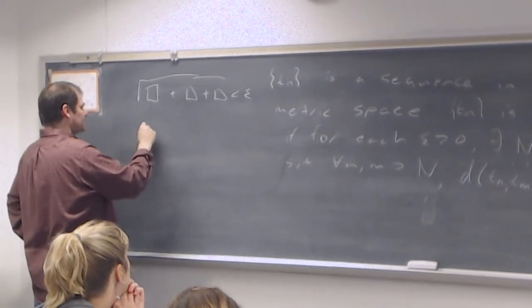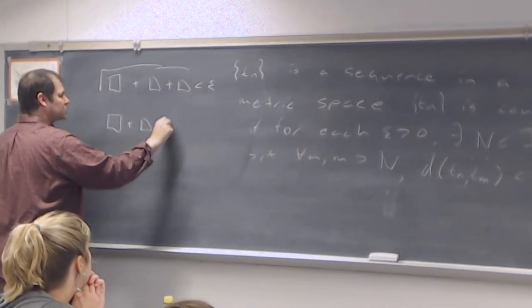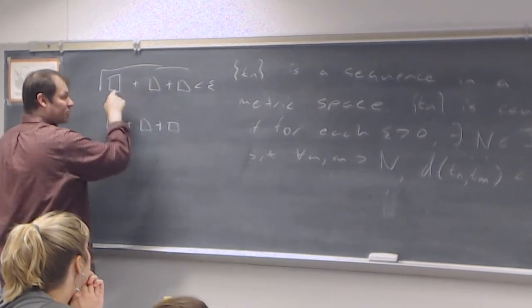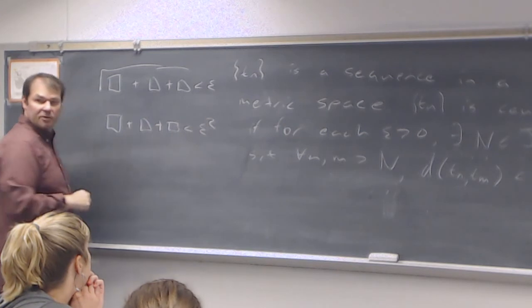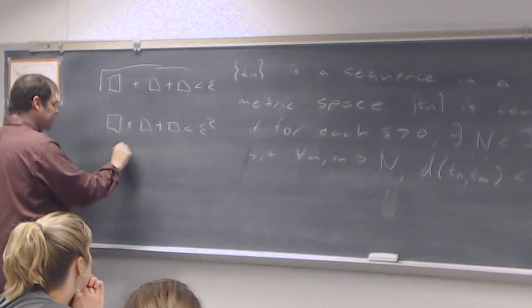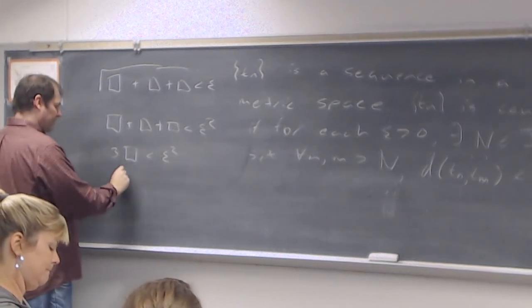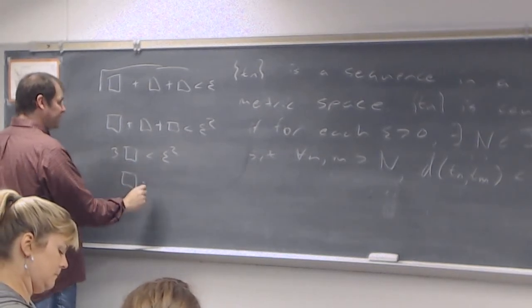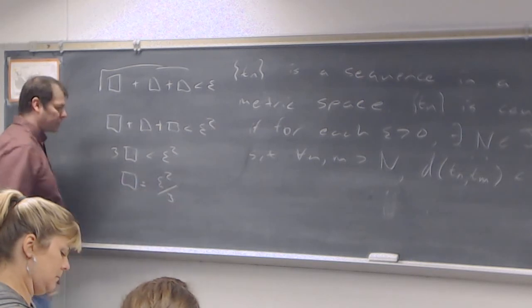And so what does each one of these things have to be? Well, it's like what was said. It's square plus square plus square. Whatever we're putting here, we're going to put the same thing. Call it x, less than epsilon squared. Is that okay with everybody? So this means 3 times this square has got to be less than epsilon squared. Or that means that this square here has to be... Okay, that's what we have.